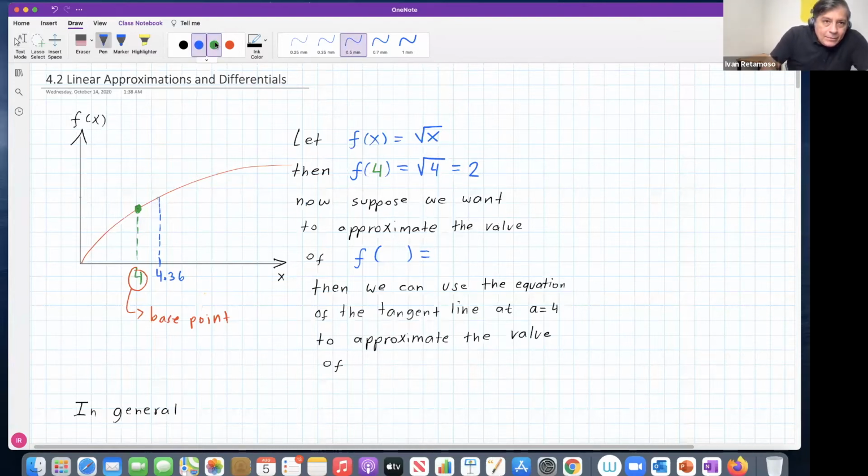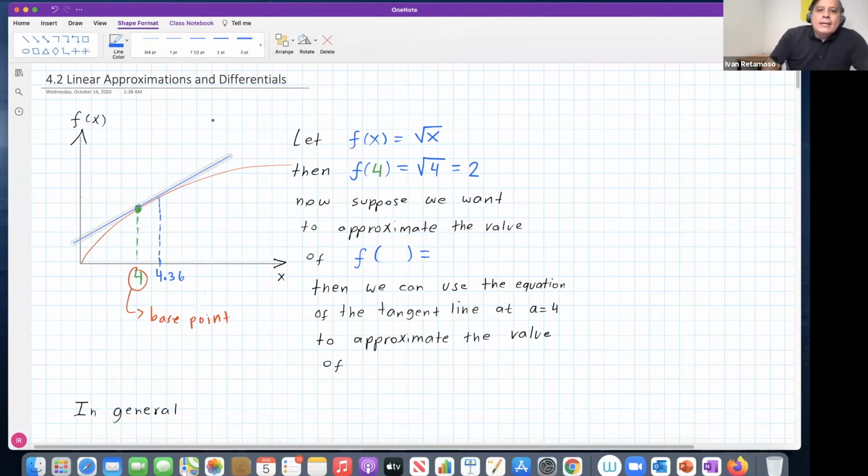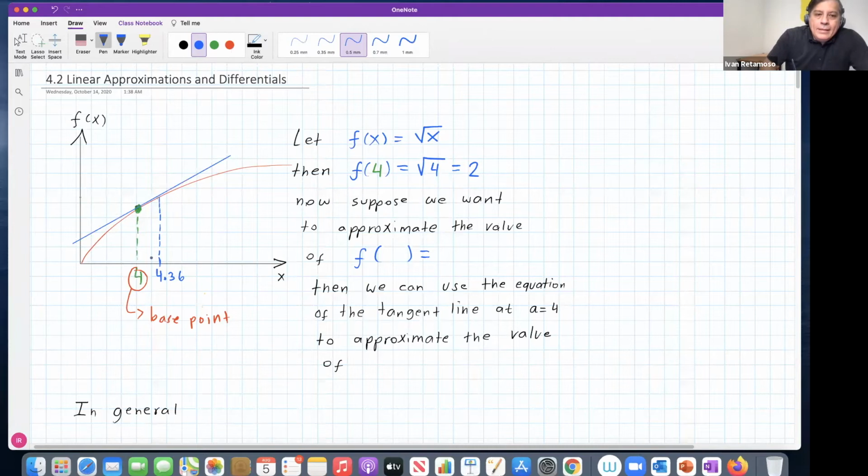notice that if you draw a tangent line here, as your base point there, notice that the curve and the tangent line, since we are close to 4, are basically the same, right? There's a little gap there, but we can ignore that gap, right?